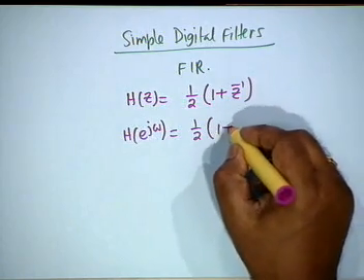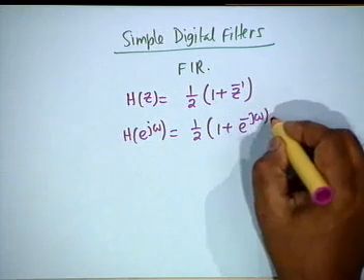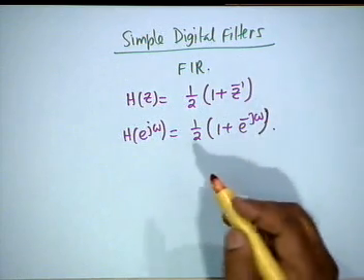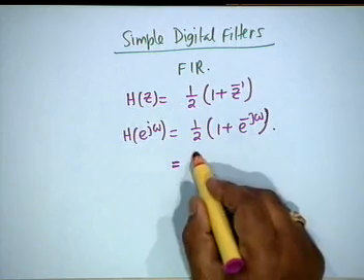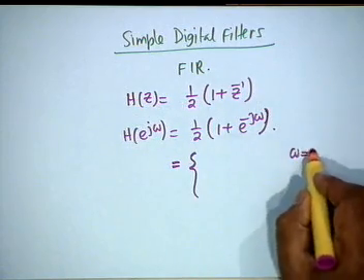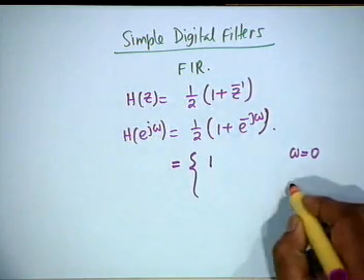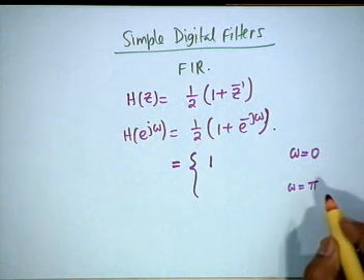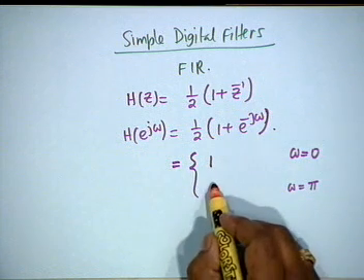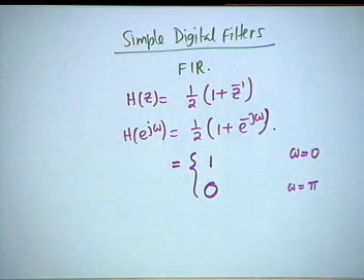Later on we will not. 1 plus e to the minus j omega, and you see this is equal to 1 at omega equal to 0, and at omega equal to pi it is 0, and therefore it is a low pass filter. It starts at 1 at omega equal to 0 and goes to 0 at omega equal to pi.